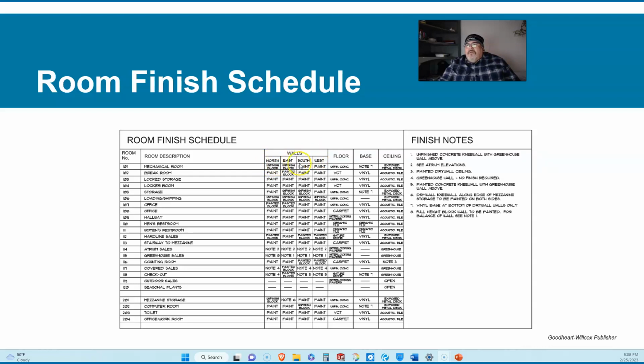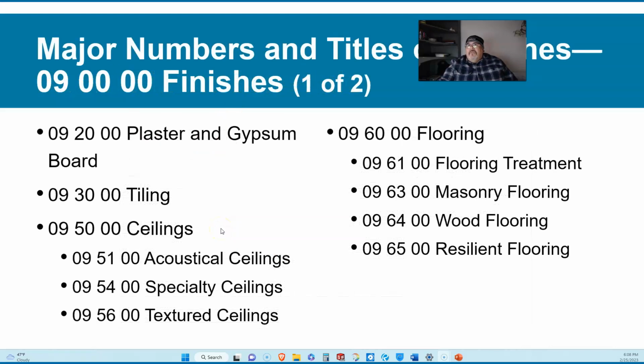So you've got your north, east, south, west facing walls, and the finish that might be on those walls. The same with, so every room has walls, a floor, has base, and a ceiling. So you have different finishes for each different room. So the best way to organize all that information is on a schedule, a finish schedule to be exact.